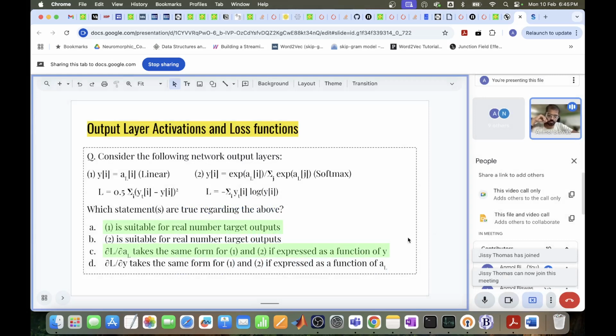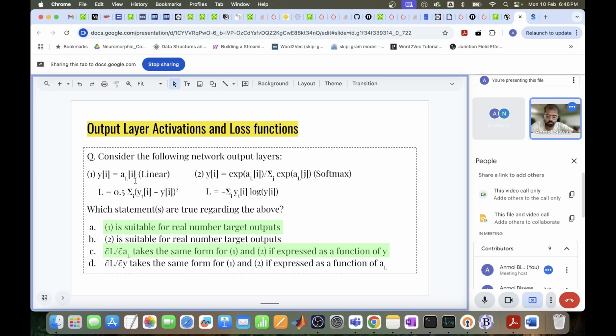The other part is a little bit of a tricky thing. The gradient of the loss with respect to the pre-activation has the same form in both of these, which is a non-trivial result that you would normally not expect, right?